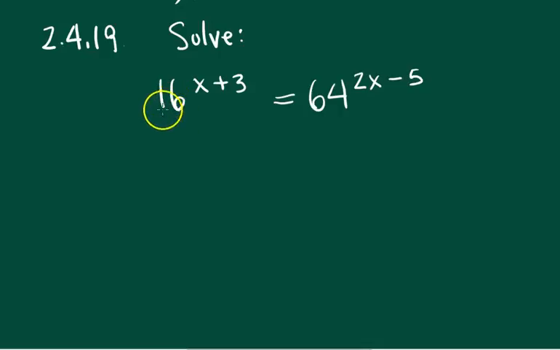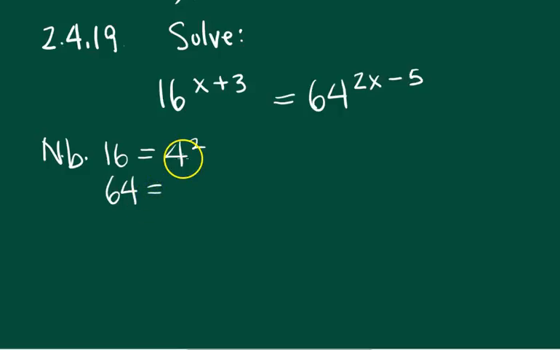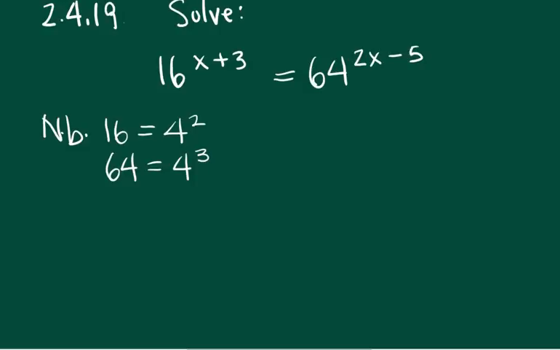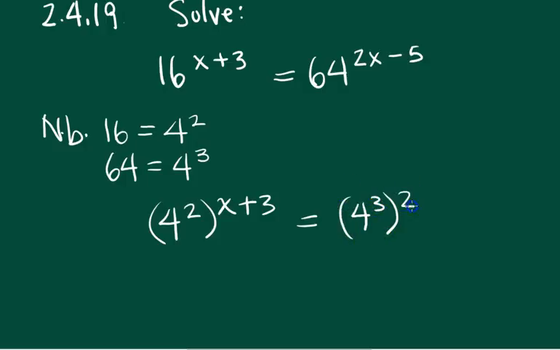I know that 16 is equal to 4 squared, and 64 is 4 times 16, which means that 64 is equal to 4 to the 3rd power. So what we really have in this equation is 4 squared raised to the power x plus 3 is equal to 4 cubed raised to the power 2x minus 5.